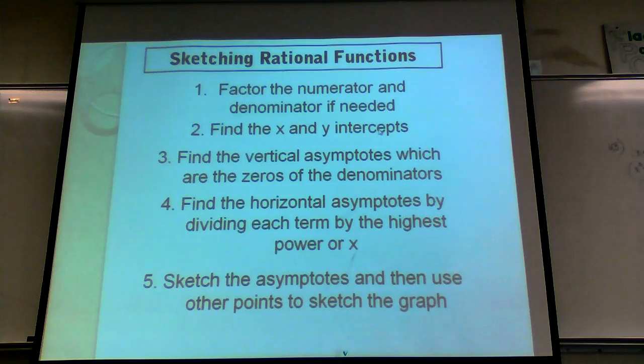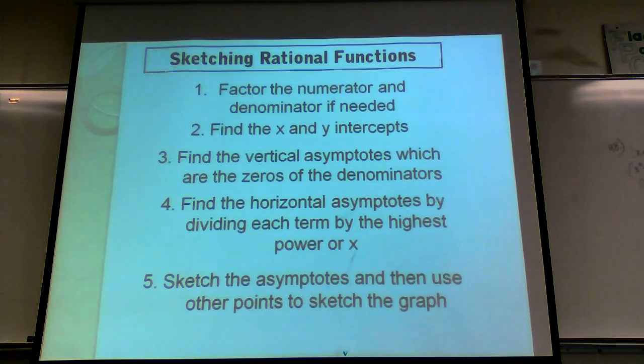All right? And the last thing is going to be sketching. And look, everything I'm talking about now is going to be dealing with rational functions where probably you're going to have a higher power in the denominator than on top. If it was reversed, if you had a higher power in the numerator, then you would also have a slant asymptote, but I'll get to that at the end.